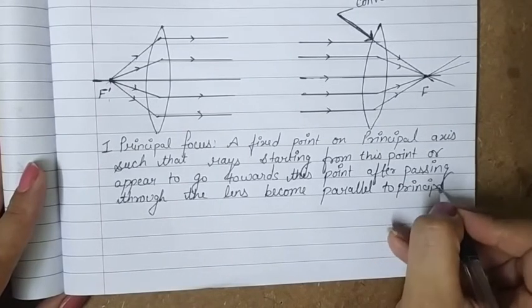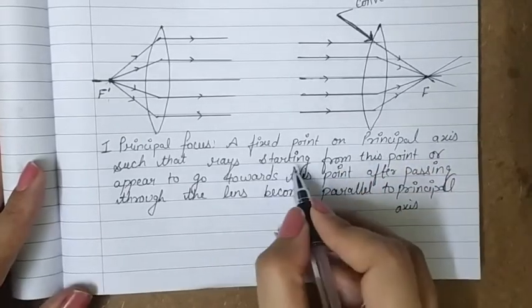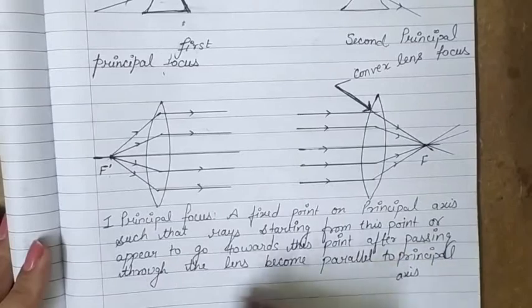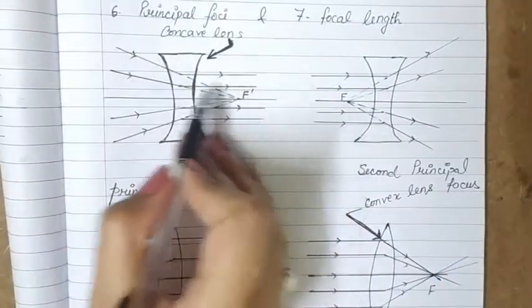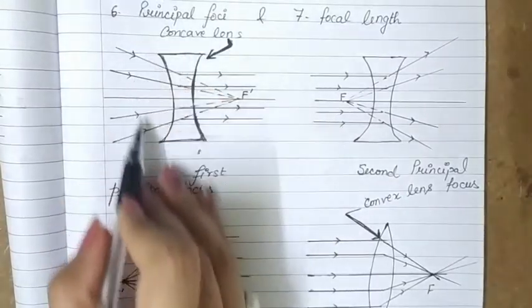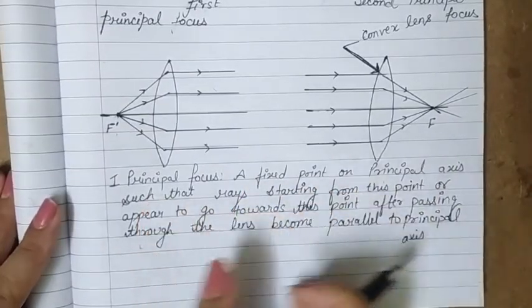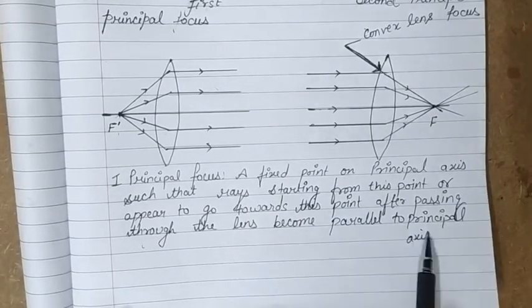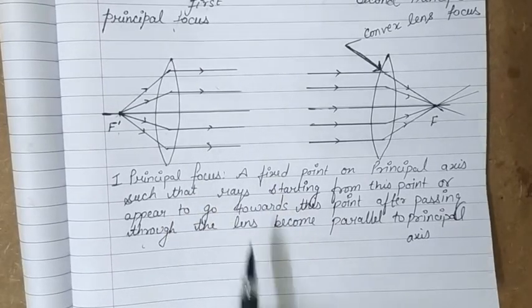So the rays starting from this point is the case of convex lens, or appear to go towards this point is the case for concave lens. This is for convex and this is for concave. Then after passing through the lens, in both cases they become parallel to the principal axis, then this fixed point is called the first principal focus.